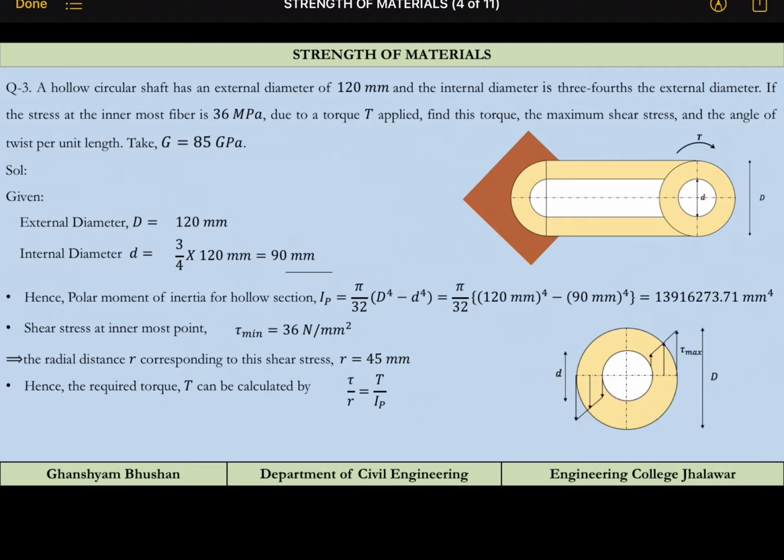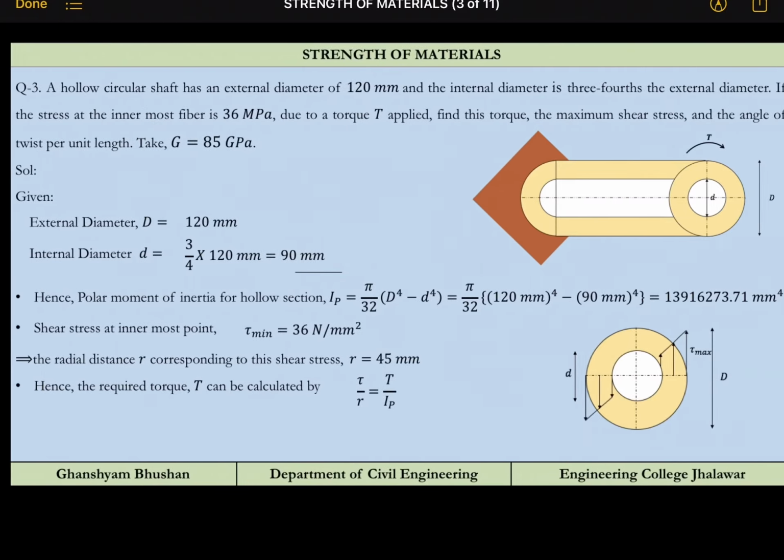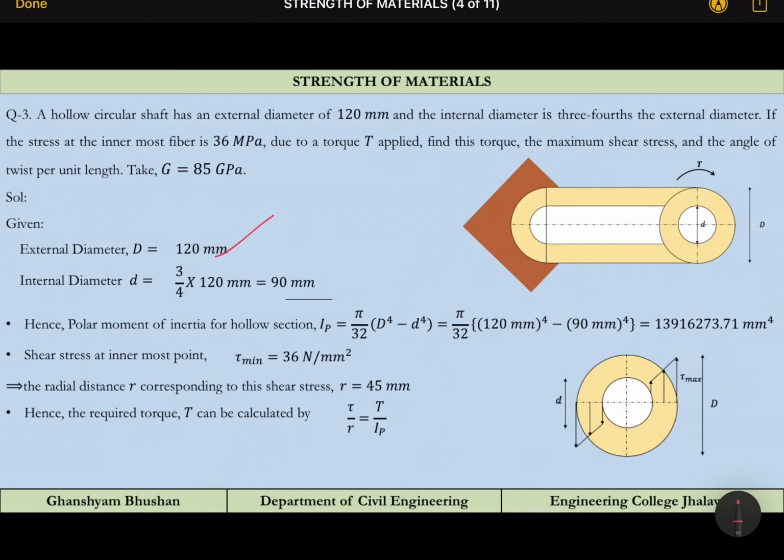We have 120 mm external diameter and 90 mm internal diameter, on the basis of which we can calculate the value of IP. For the innermost point, tau will be tau minimum, which is given, and we have been asked for tau max.